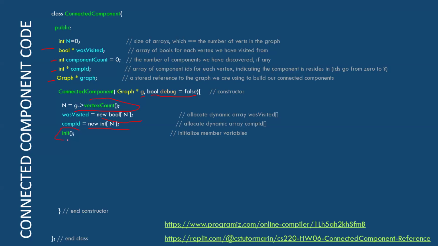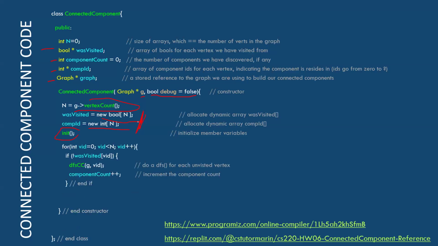I'm going to get the vertex count and allocate the was visited and comp ID arrays. I just wrote a little function to loop through and initialize these rather than have the code right there. Then we go through every vertex in our constructor. If it was not visited, we recursively do our little dance. We call DFS CC, for connected component.